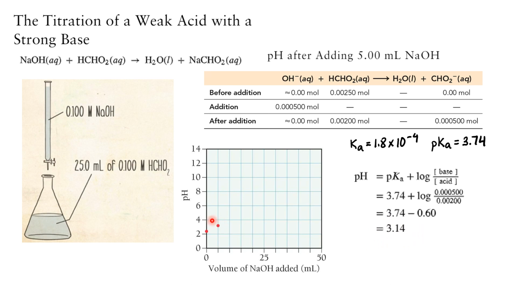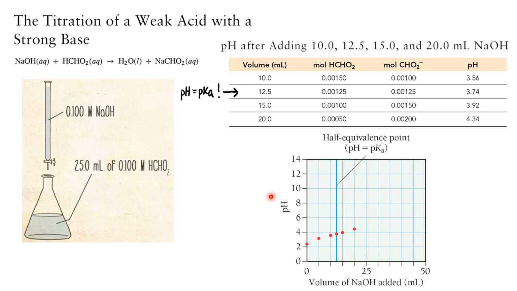And yet we have another plot on our curve after adding now 5 milliliters of sodium hydroxide. So let's keep going. Now, we have a pH after adding 10, 12.5, 15, and 20 milliliters.